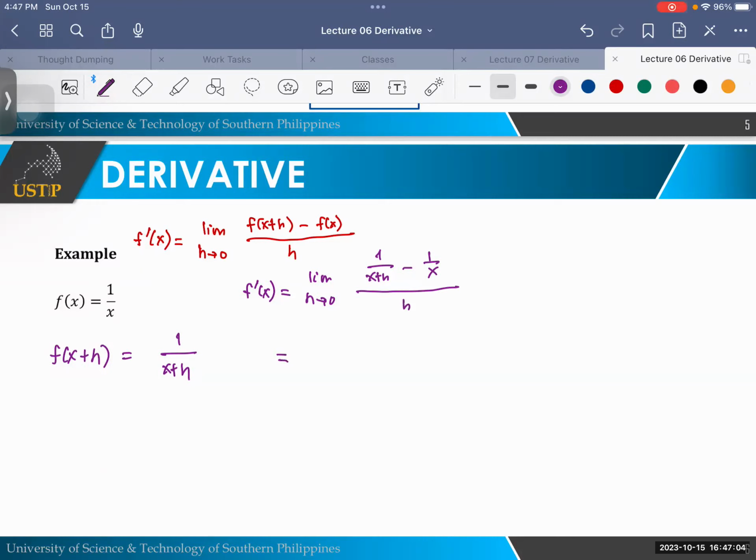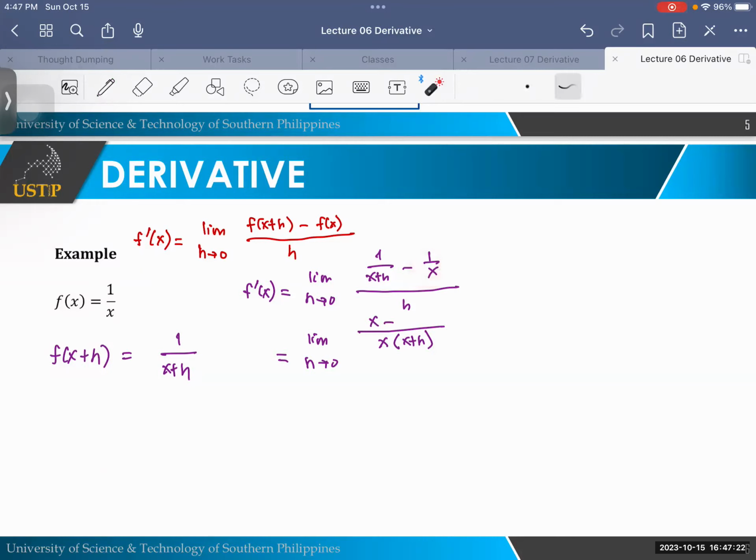h. So, let's find the common denominator. We have the limit, let me rewrite this, class, that would be x, and we want x plus h. Okay. So, we have x minus, okay, I hope you're following.